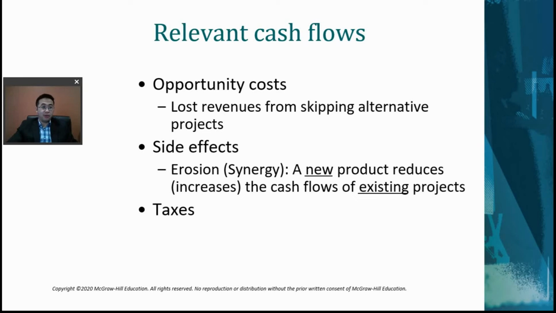For example, if I'm running a corporation of a retail store, let's say Target, if I just open a new store 2 blocks away from my existing store, then you can see that my existing store would suffer a reduction of cash flows because of the new store opening up. Okay, so that's called erosion.